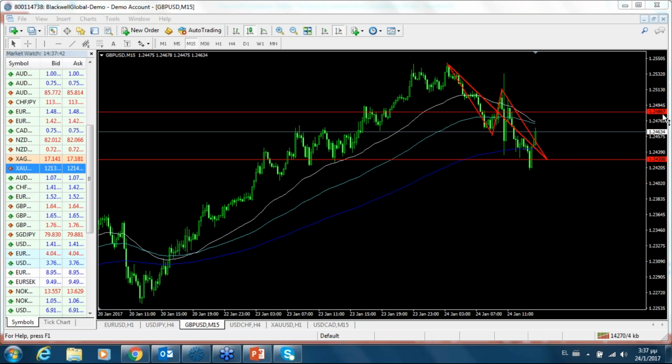So 1.2486 would be adjusted based on psychological numbers to 1.2470 as a probable area for your trade, and then you would take profit at this area here, perhaps at 1.2430, which is a good area because it's above the 20 psychological number.